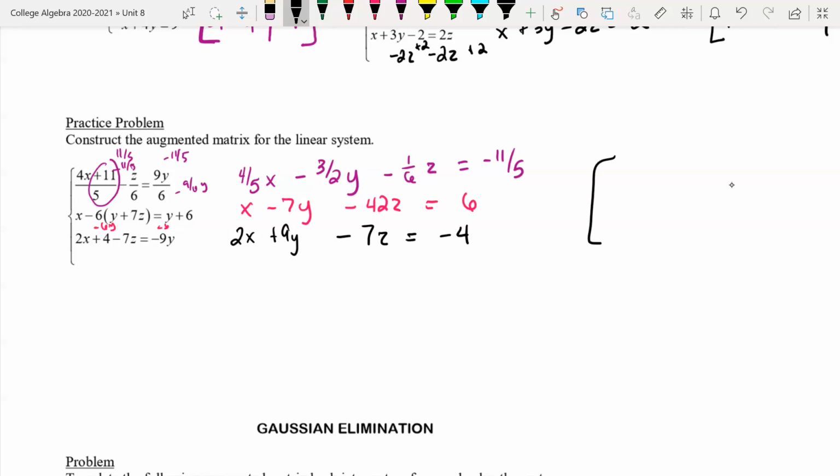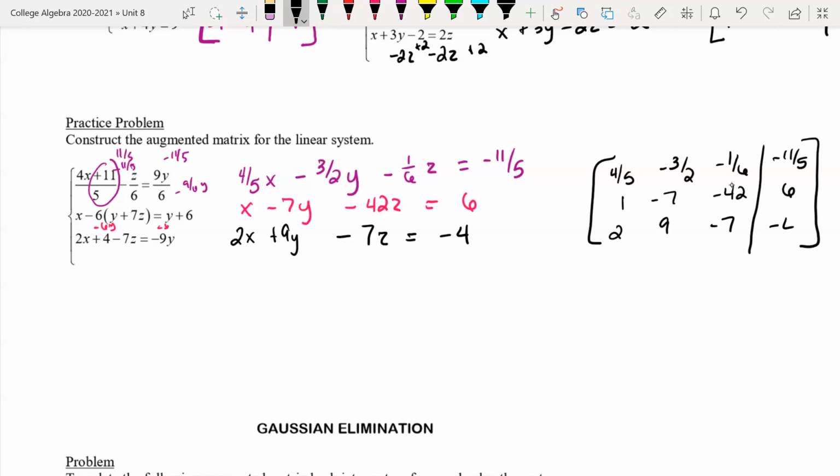So then we're going to construct our matrix. We're going to say 4/5, -3/2, -1/6. Draw our line to make the equal sign, -11/5. And I get 1, -7, -42, and 6, and then I get 2, 9, -7, -4.